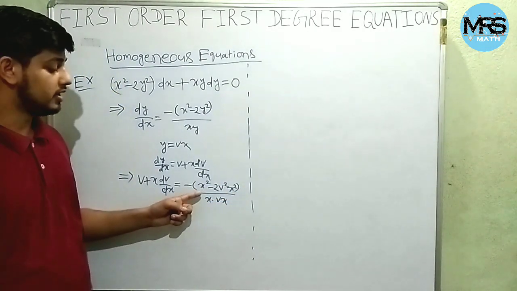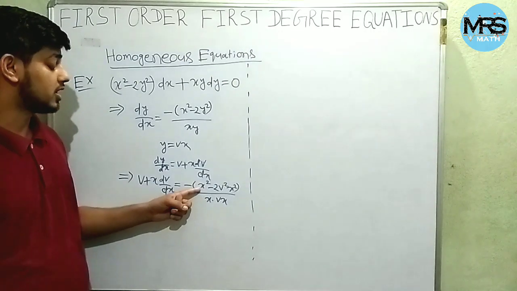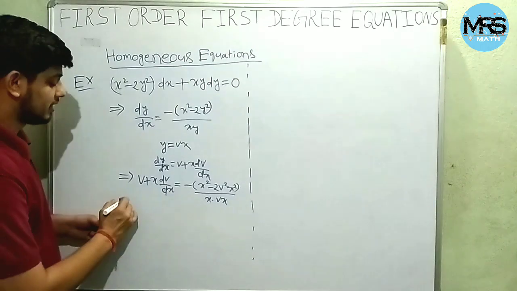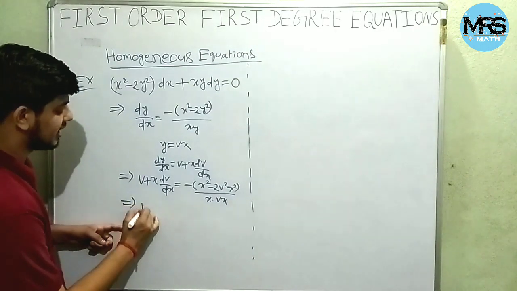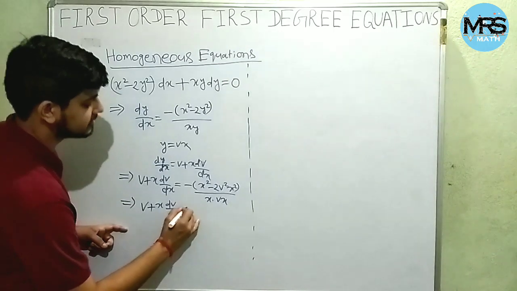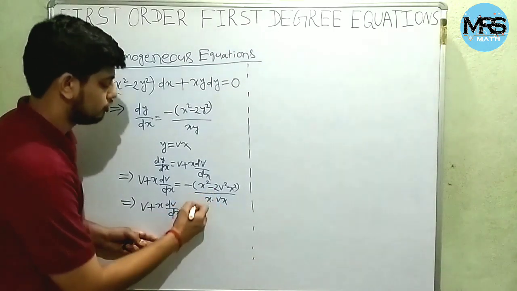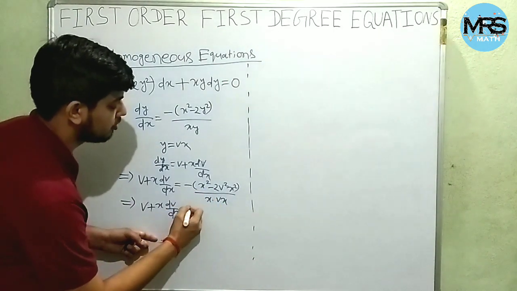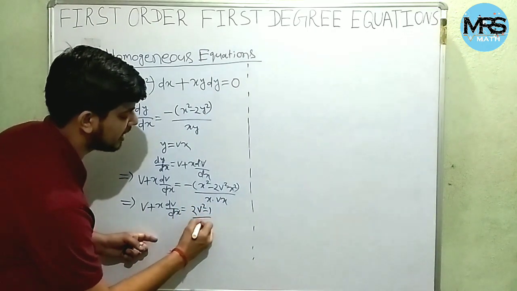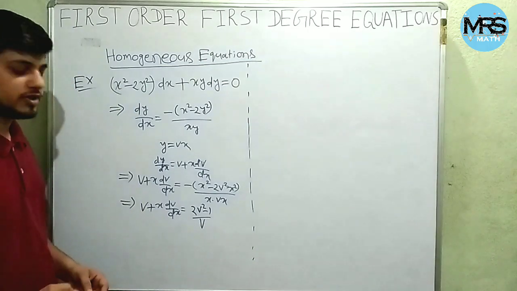So x square in the numerator, if we take common, and in the denominator there is also x square, so it will cancel. So finally you will get v plus x dv by dx equal to, this minus, if it will go inside, then you will get (2v square minus 1) by v, correct students?